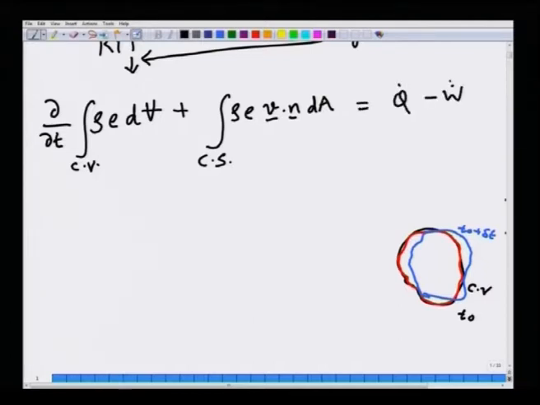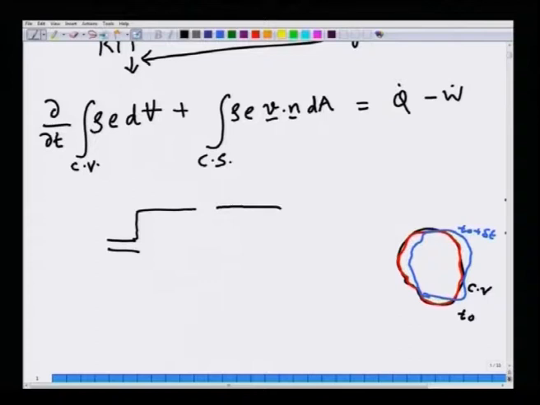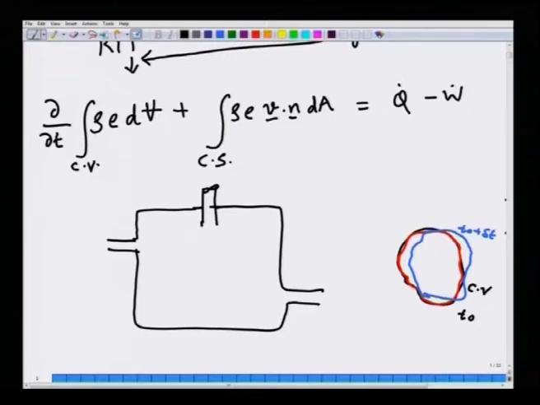Okay. In order to understand the various contributions to the work interactions between the control volume and the surroundings, we imagined in the last lecture drawing a general kind of engineering equipment, which is typical in many fluid mechanics applications, where you had a shaft, and this shaft has a rotor, which could be an impeller, which is rotating at some angular velocity, and the control volume is the blue line.